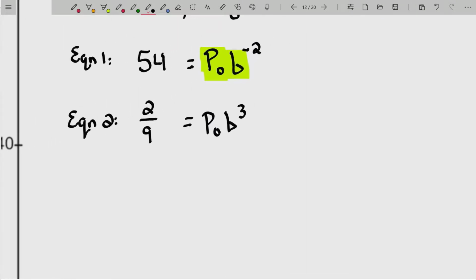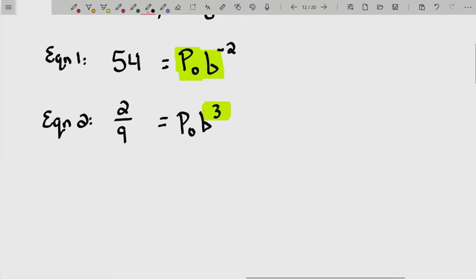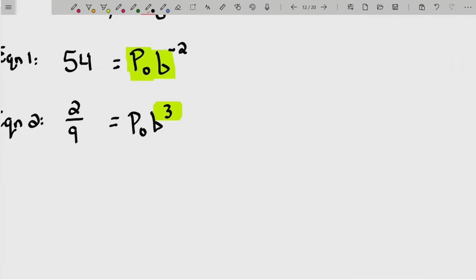You take the equation which has the highest power on the unknown. So specifically, I'm going to take that second equation, and you'll write it as a numerator, sort of. Equations can't be numerators, but just play along with me. So I'm going to take equation 2, and I'm going to say that's 2 over 9, which is equal to P naught b to the third.